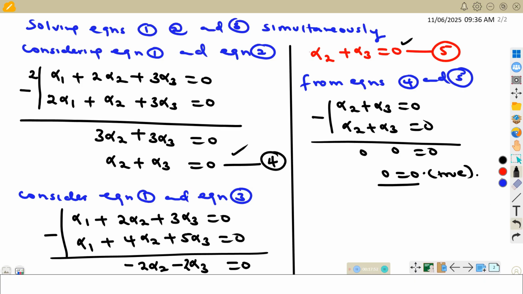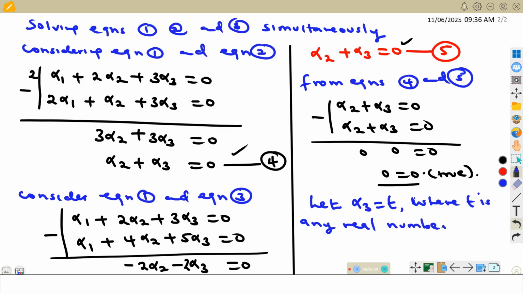So what do we do then? To get the solutions, since these equations are the same, we shall simply let, for example, alpha 3 be t, where t is any real number.